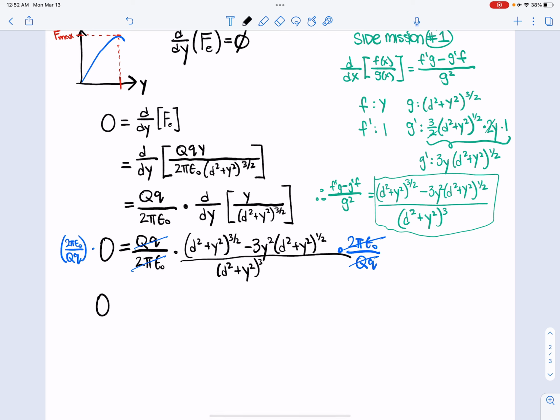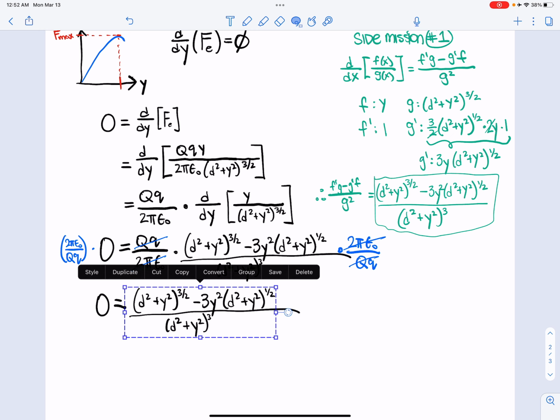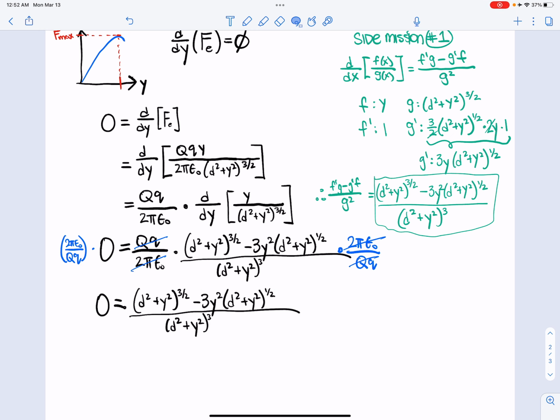So then I would get 0 is equal to, and I'm just going to get this, right?